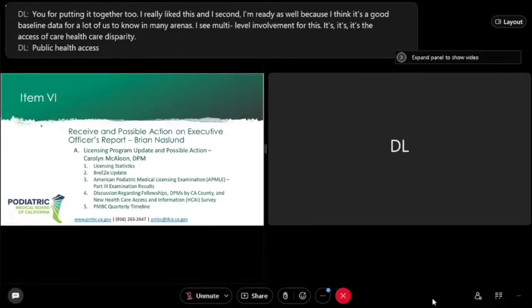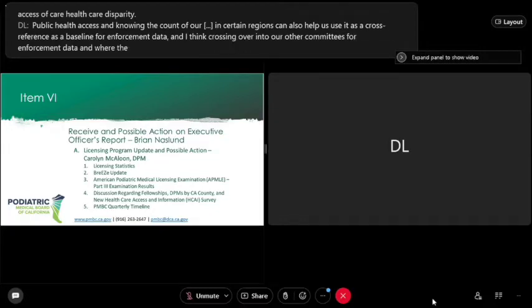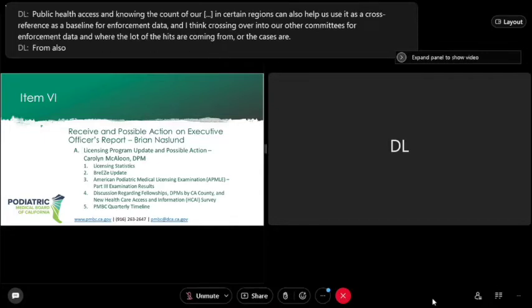Knowing the count of our DPMs in certain regions can also help us use it as a cross-reference, a baseline for enforcement data. Crossing over into our other committees, enforcement data and where a lot of the cases are coming from are also very helpful for public safety and public health. So thank you so much for putting this together.